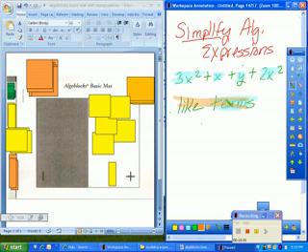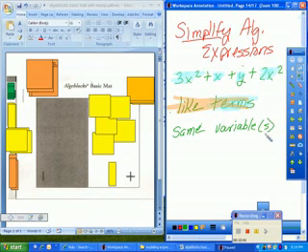Now, like terms are something a little bit different. Like terms have exactly the same variable or variables, and those variables have to have the same exponent.